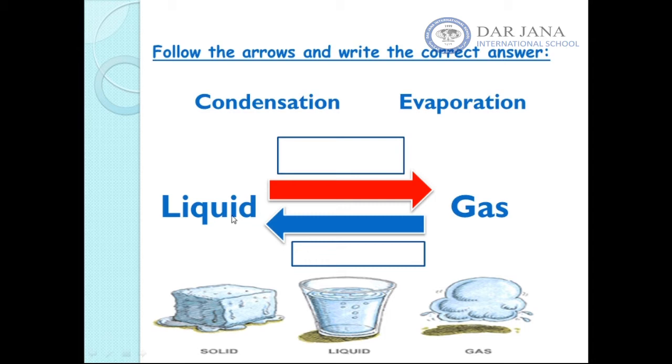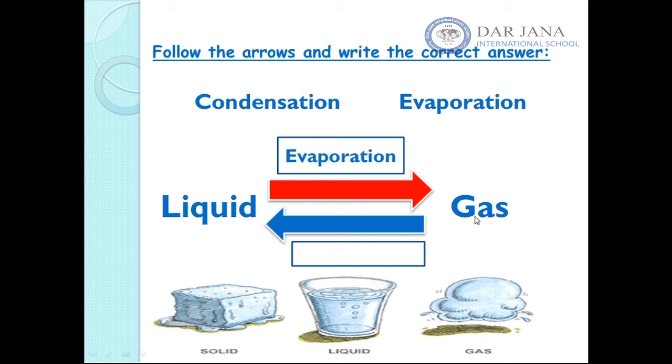So over here we have liquid and the red arrow, then gas. Then we have gas with a blue arrow. The red arrow means that we are heating the liquid, and when we heat the liquid, I will have a change from the liquid state to the gaseous state, and we call it evaporation.